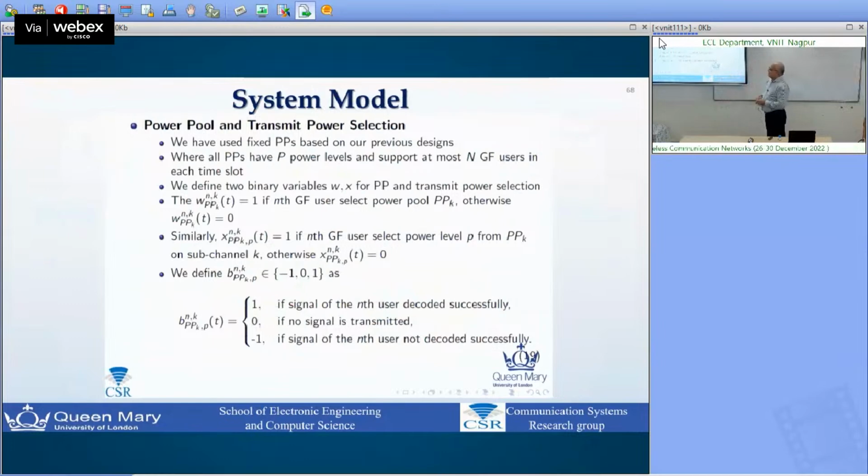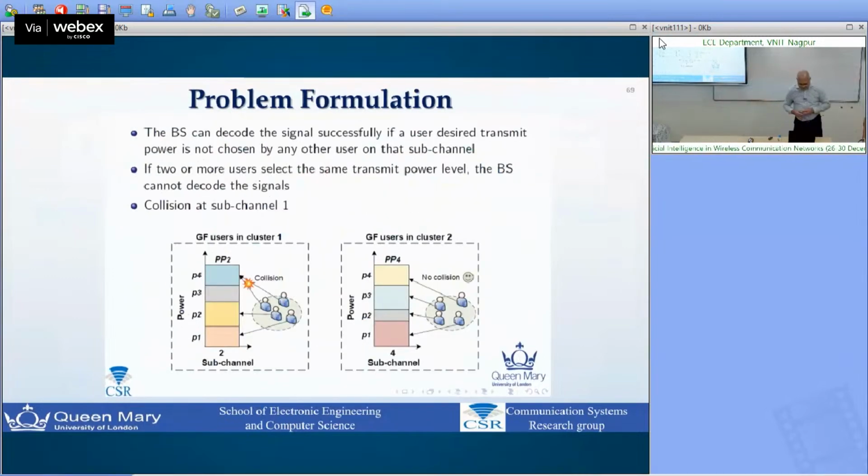So we have a few variables that take the binary value 1, 0: one binary variable if a particular user selected a particular power pool, the other if a particular user selected a particular power level. By this definition, we are going to see the scenario when the collision will occur.